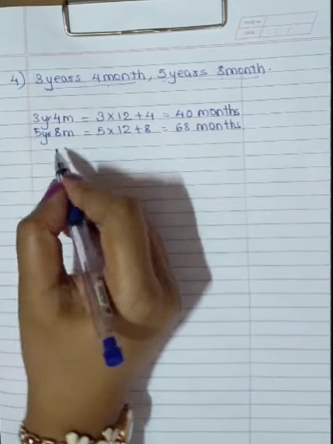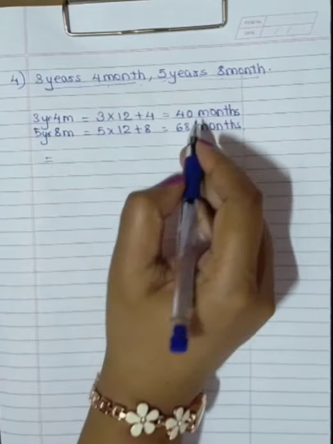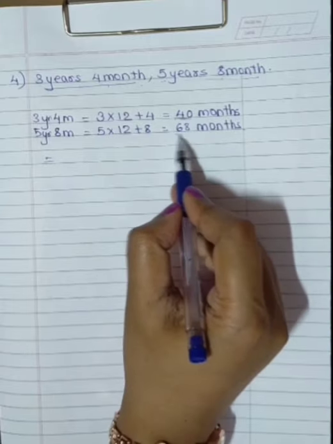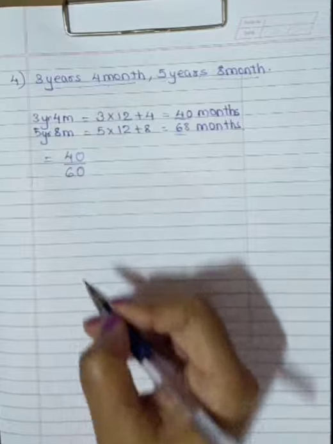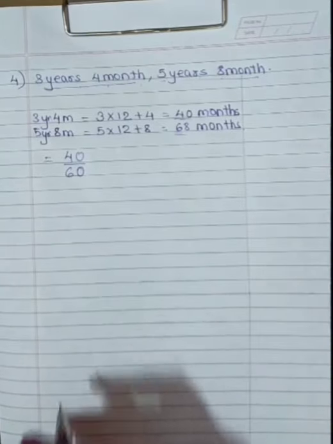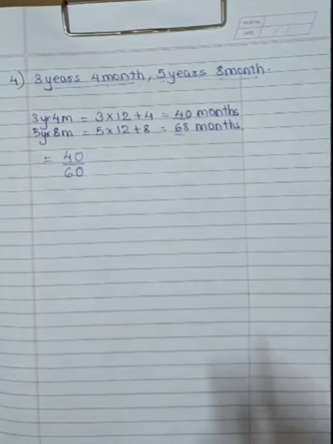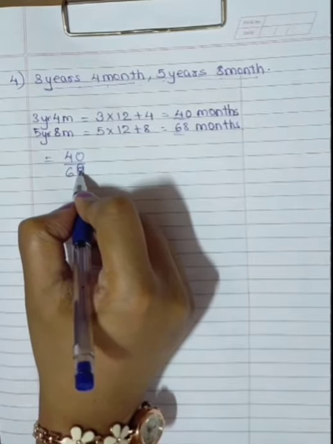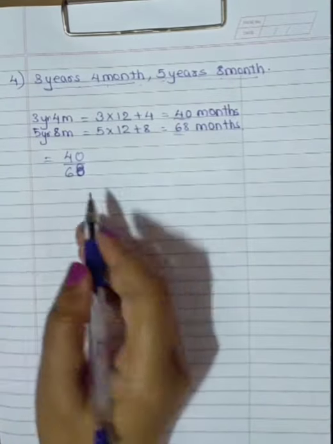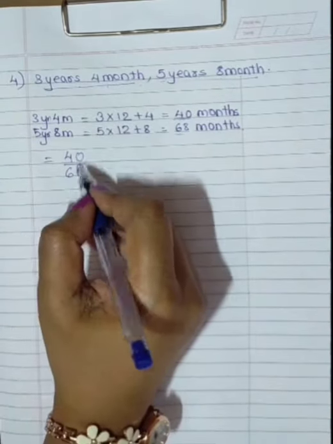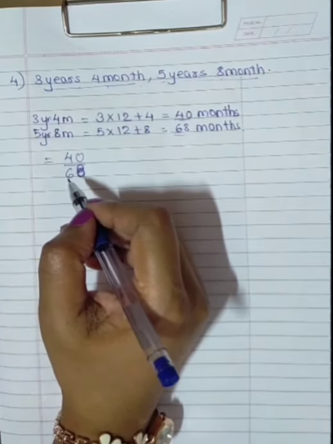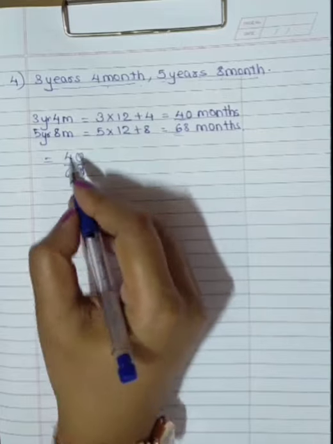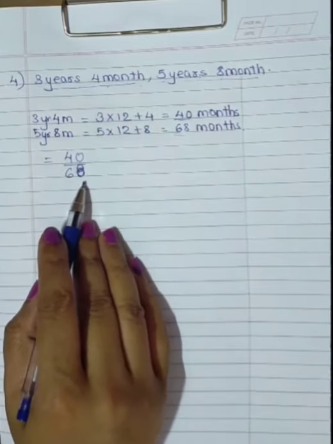Okay, we have 3 years 4 months and 5 years 8 months. This is our first term and this is our second term. So I am writing here, this is our first term now and this is our second. So 40 upon 68. Got it? 40 upon 68 it is. Okay, I will check both numbers will come in which table. Now here up is 40 and down is 68.